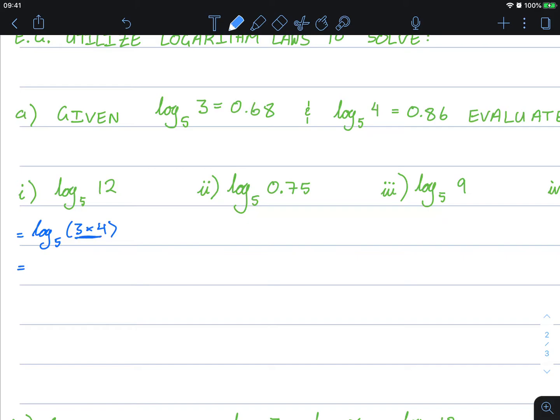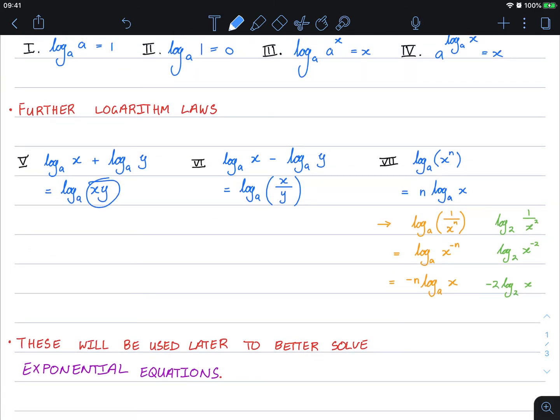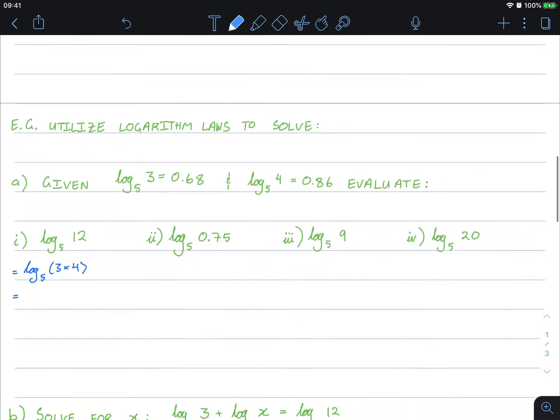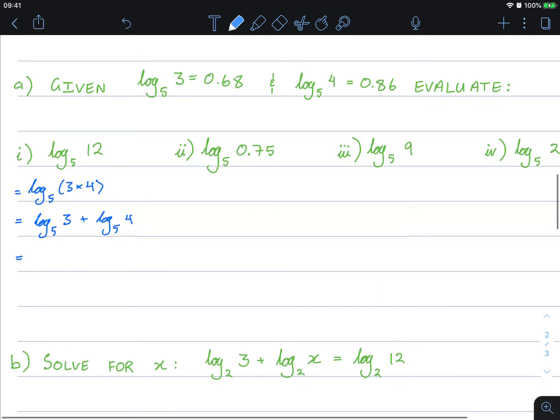And we saw that because these are the product, let's go back up here, because they're the product, we can go backward as well. So since it's 3 times 4, this can become log base 5 of 3 plus log base 5 of 4. In which case we can evaluate this.